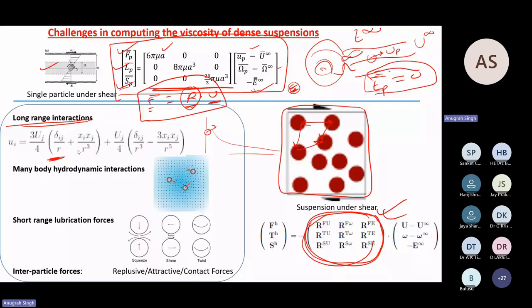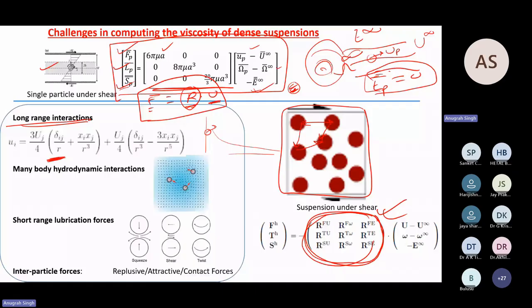It's not small. So this is a long range interaction. That means you have to consider the full solution. You cannot just truncate and say that only near field interaction or lubrication I can handle. No, you have to solve the many body problem with long range interaction.